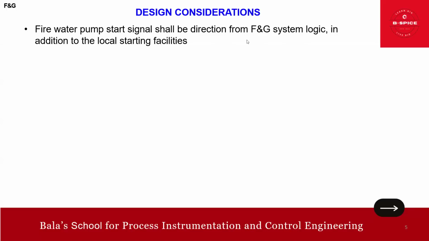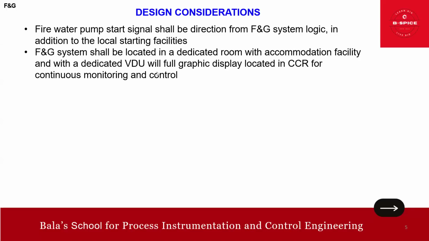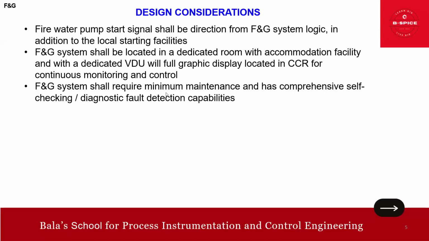We should have a logic also, and we should have a local also. The F&G system shall be located in a dedicated room with accommodation facility and with a dedicated VDU, the video display unit with full graphic display, located in the CCR for continuous monitoring. The F&G system shall require minimum maintenance and have comprehensive self-checking and diagnostic fault detection capabilities.